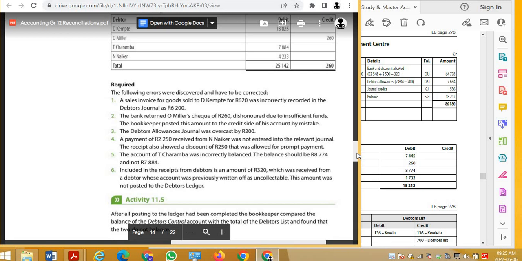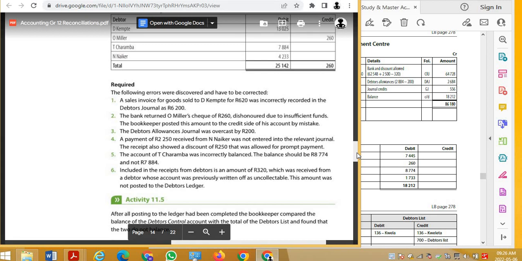Okay, keep that in mind. So if something is incorrectly posted to the first initial journal, then everything will be wrong, right? But if there's something wrong with a total from the journal, then it's only going to affect the ledger. The ledger deals with totals, right?